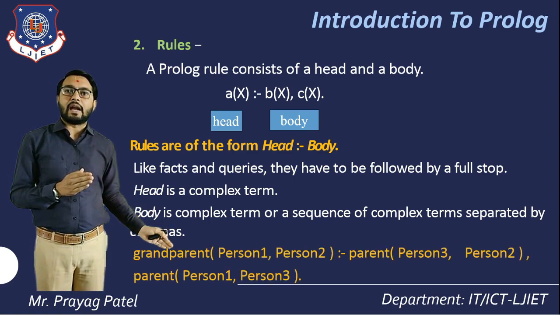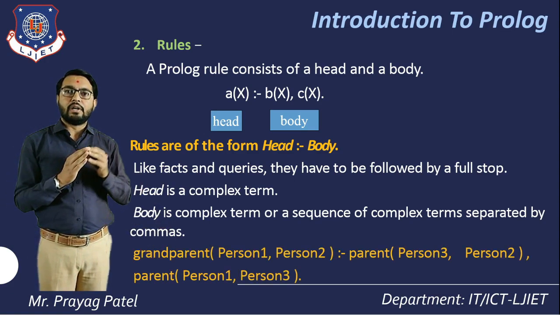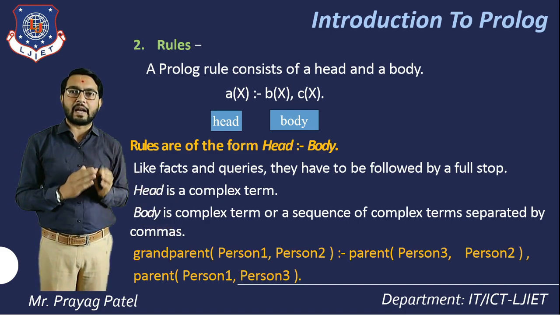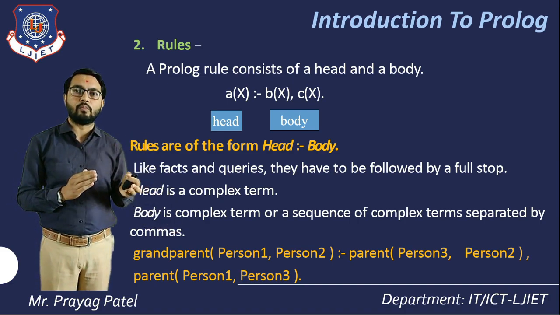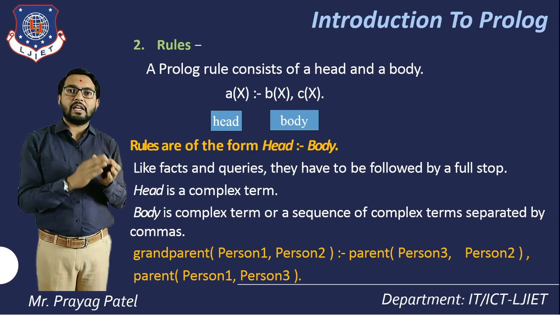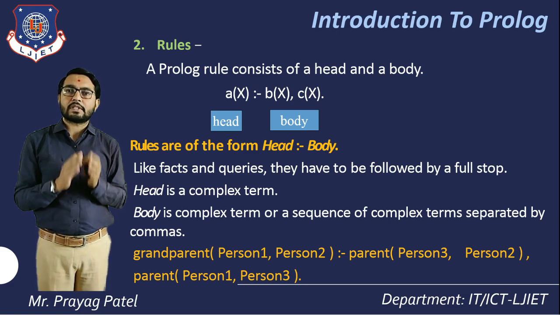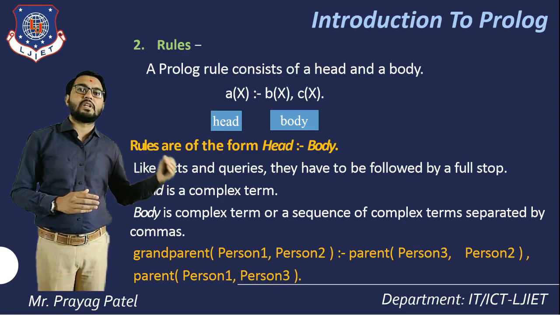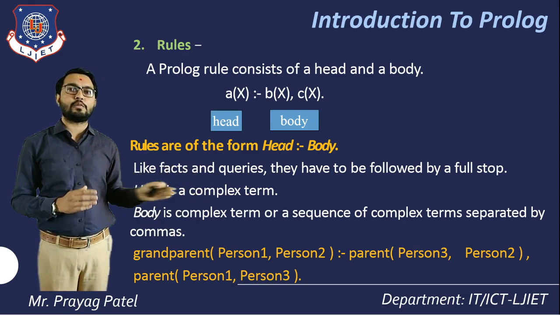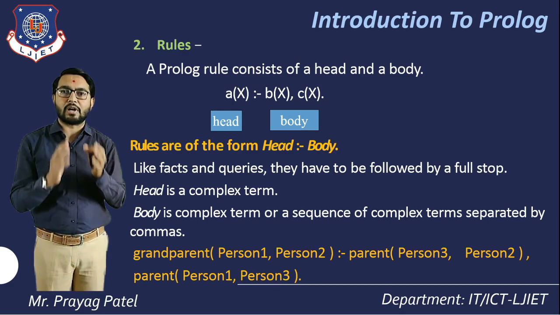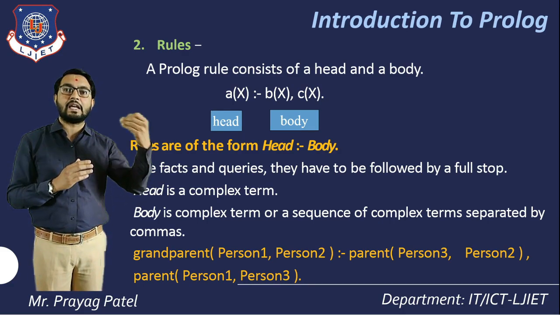For example, grandparent(person 1, person 2) means we can say that person 1 is a grandparent of person 2 if person 3 is a parent of person 2 and person 1 is a parent of person 3. So this symbol is used for an if condition, because this rule contains some condition and the condition is read as if.